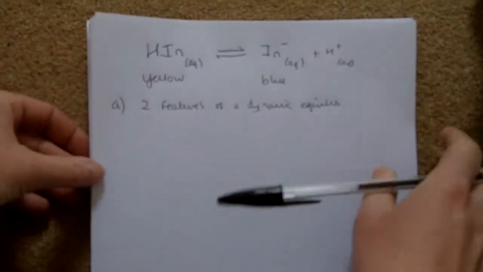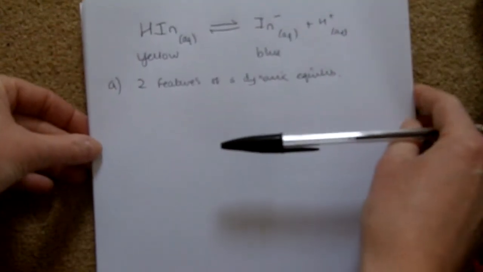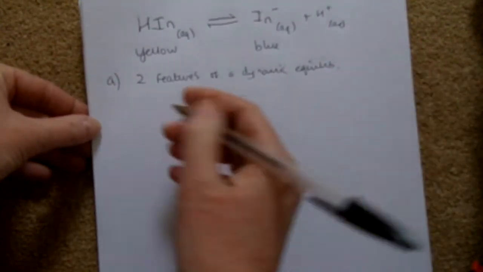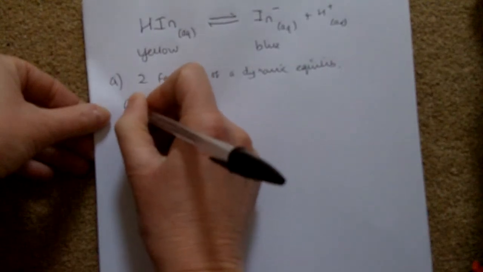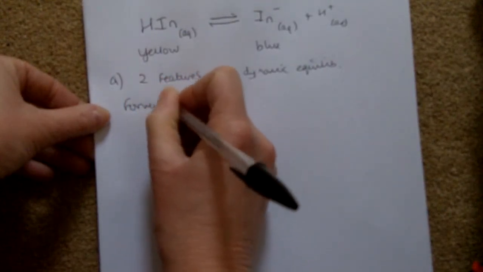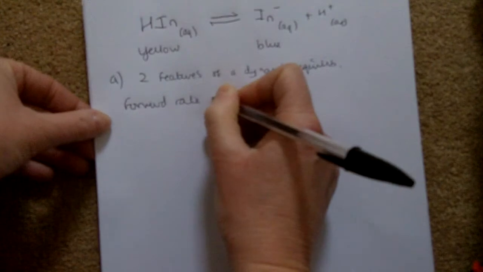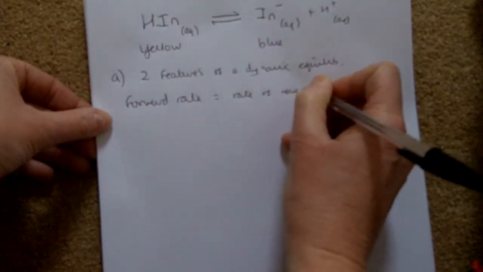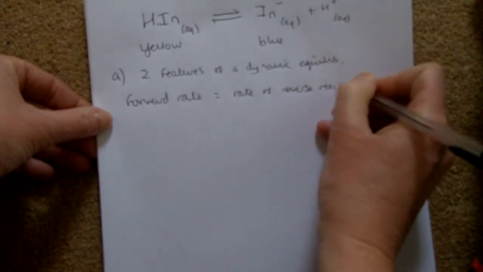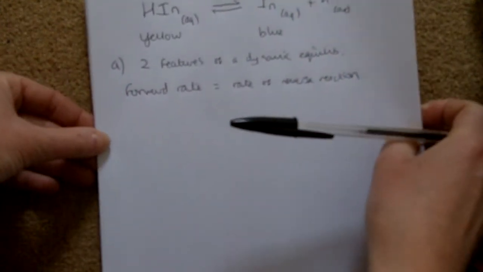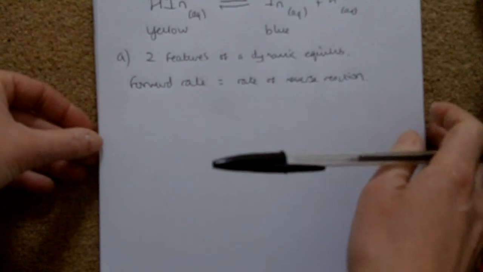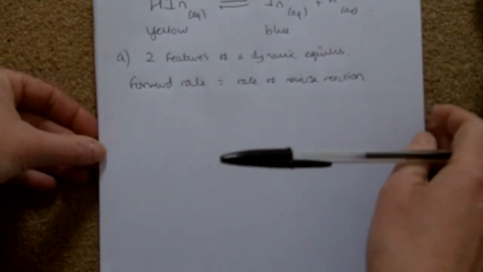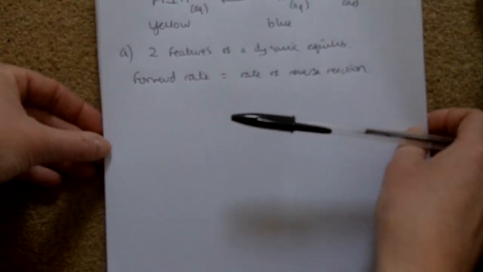That's the question. Okay, so there's actually three features you can give. You can say that the rate of the forward reaction equals the rate of the reverse reaction. And that's how you know a reaction is in dynamic equilibrium.